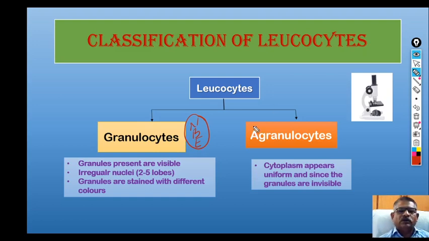When you talk about agranulocytes, as I have told you, the basis is visible granules. Though they are referred to as agranulocytes, it doesn't mean that they do not possess granules in the cytoplasm. They do possess granules in the cytoplasm, but under a light microscope, in stained preparations, you are not able to see these granules.